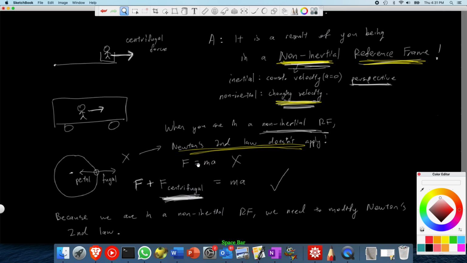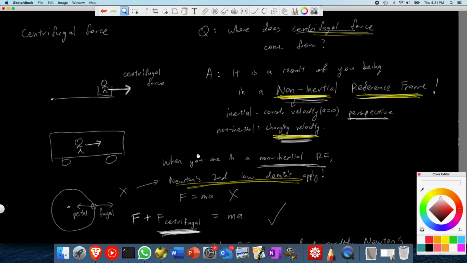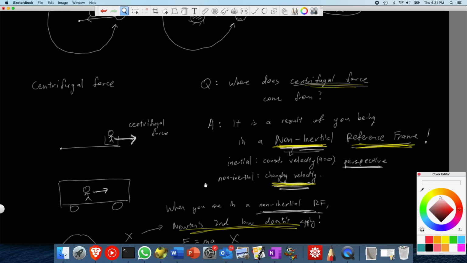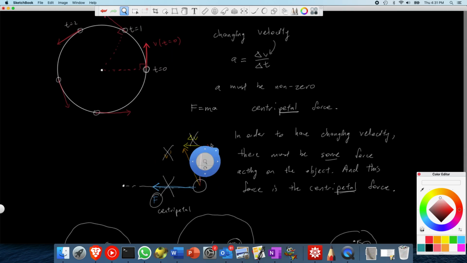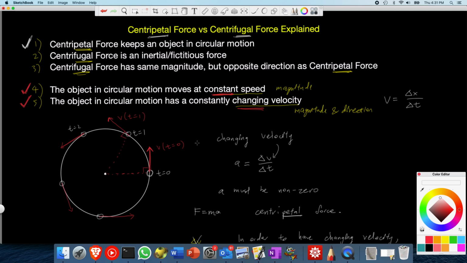So once again, I hope that this is really clear to you. Let me just recap what I've said so far. Now we understand that centrifugal force is an inertial or fictitious force. It's not a real force acting on you by some agent.